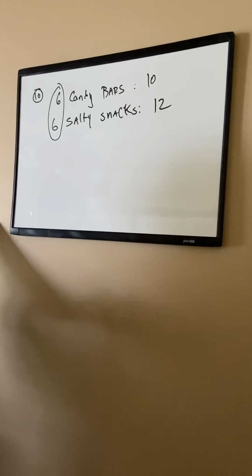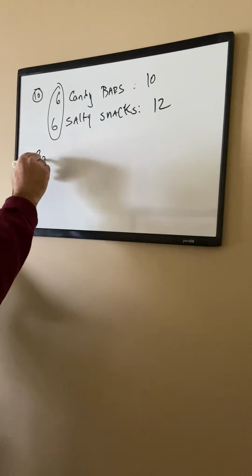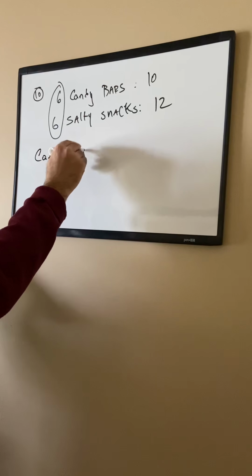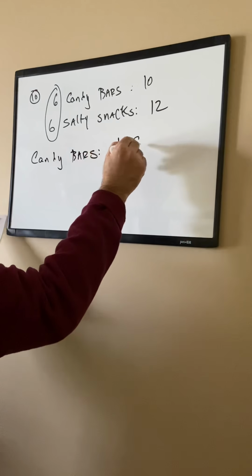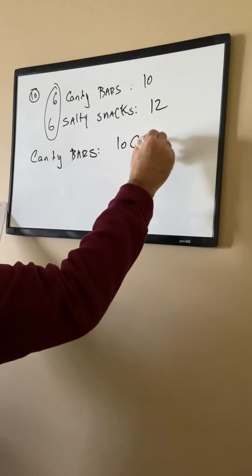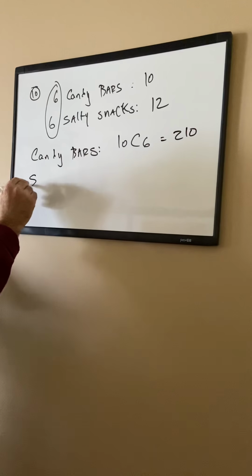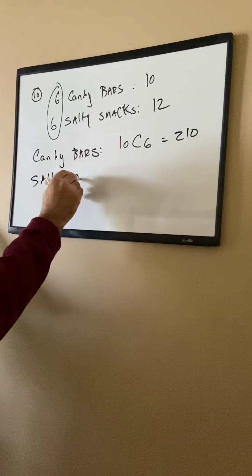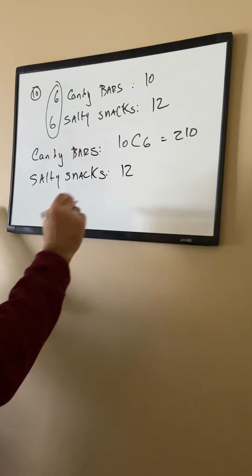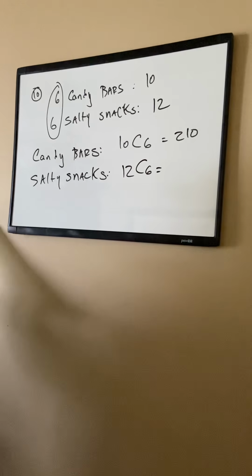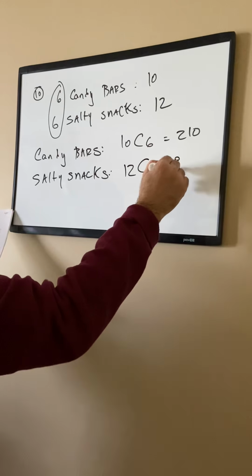We're going to do this just like the previous example. So for the candy bars, it's going to be 10 combination 6, which should give us the value of 210. And for the salty snacks, it's going to be 12 total, from which we're selecting 6 at a time, for which we're going to end up with a value of 924.